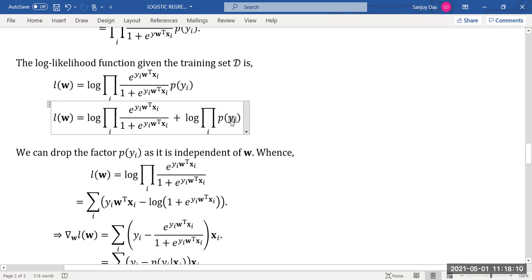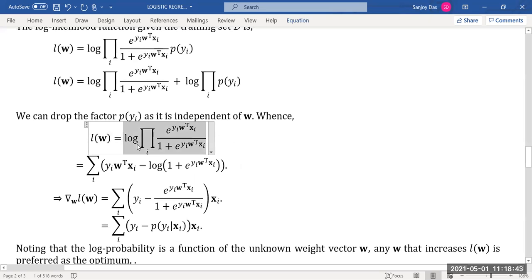So this is the probability of yi, and this is historical data, so it's independent of W. This entire term is independent of W, right? And so we can just ignore this part. Hence, since we want to maximize, we take this as our log likelihood function, L of W.